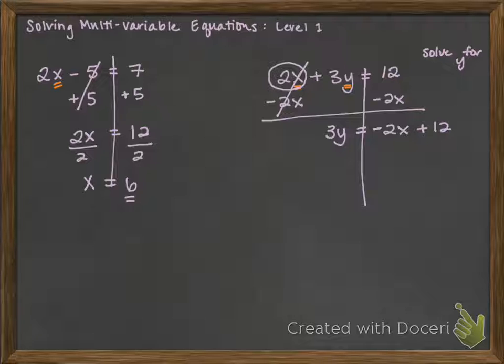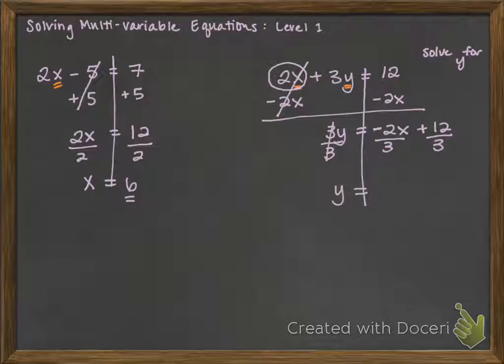Now if we look at our y value, it's still being multiplied by 3. So I'm going to have to divide by 3 to cancel that out. And that means I have to divide every single term by 3. So I'm going to divide my first term by 3 and divide my second term by 3. On the left side, my 3's cancel out, so I'm left with a y.